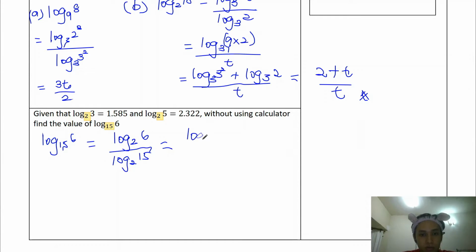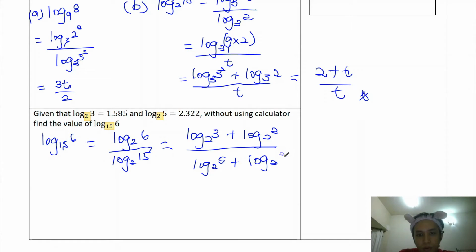Log 6 is the same as log 3 plus log 2, and then divided by log 15, which will be log 5 plus log 3. Once you change to the same base, then you can solve the problem.